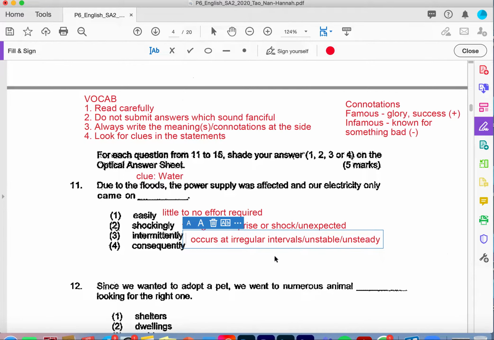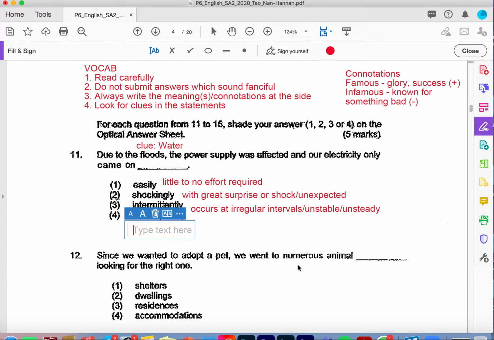Irregular means something that's not regular, happens at various points, so there's no one constant loop of something that's happening. What's the next one? Consequently, something that happens as the effect of a cause, the immediate effect of a cause.